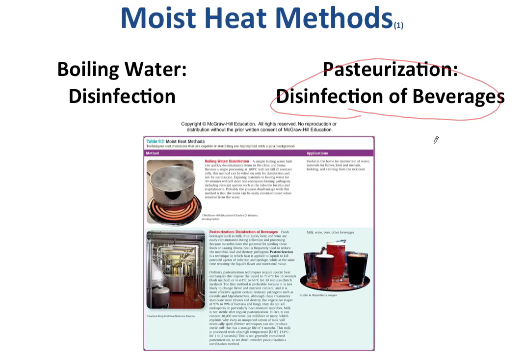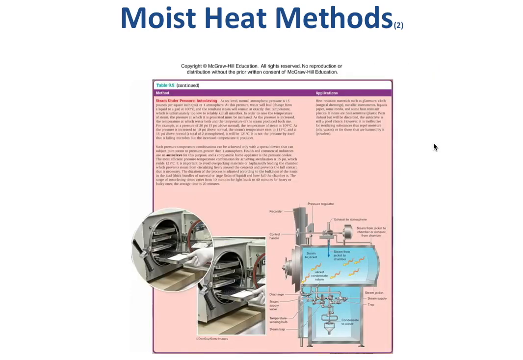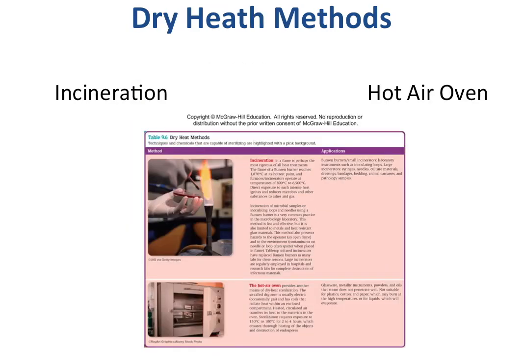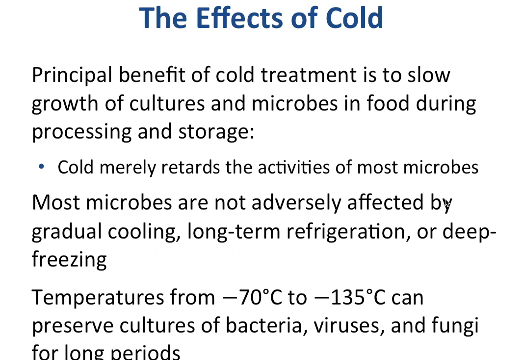It's still widely used now. We also have the autoclaves, which are widely used in the clinic and research facilities. Dry heat methods include direct burning with the flame, and the hot air oven. They are also widely used now.